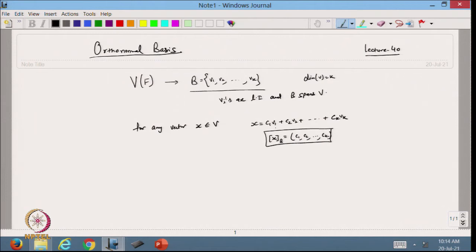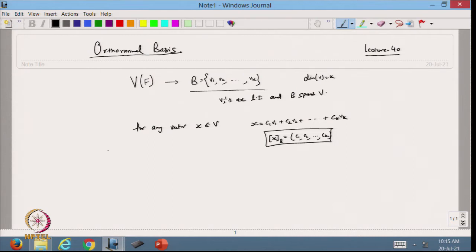In real life we may have a very large system, so finding these coordinates is a very tough job. To get rid of this, we take an alternative based on the orthonormal basis. Let us see what we get from here.